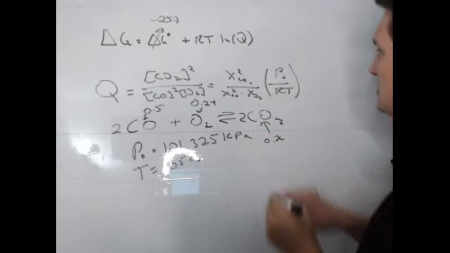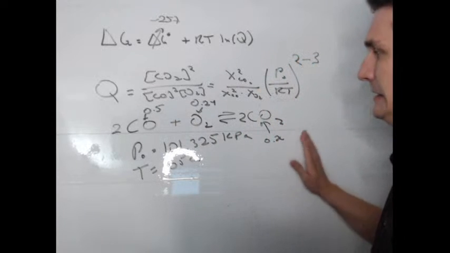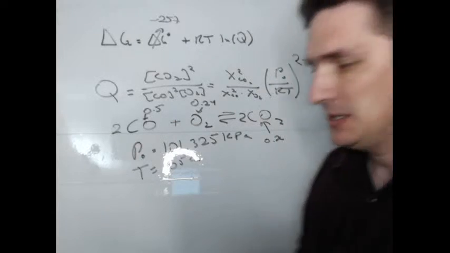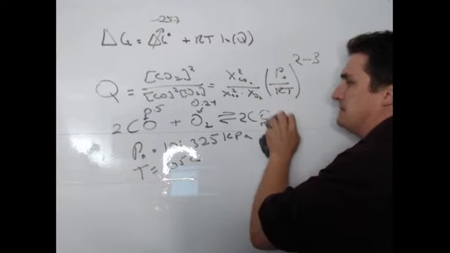We've got 2 moles of product gases and 3 moles of reactant gases. I hate to erase this, but I'm running out of space, so back it up in the video if you don't know what the reaction is.